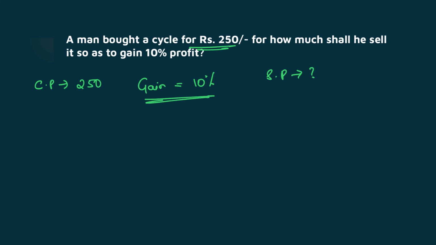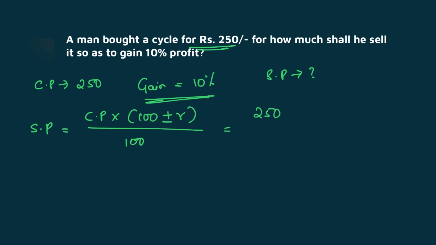So remember the formula which we had learnt initially. We have to find the selling price. Selling price is equal to cost price into 100 plus or minus R, divided by 100, which is equal to cost price, 250 here, and it's a gain.